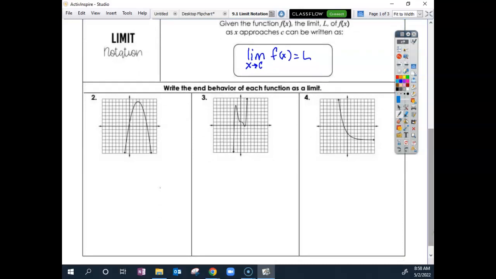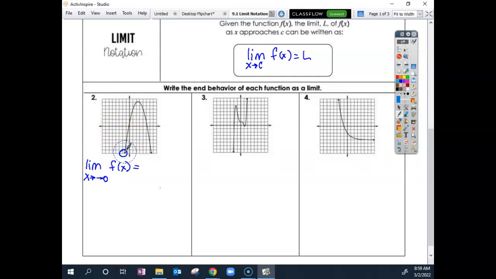So let's start with 2, 3, and 4. Let's write our end behavior as limits, and then we'll talk about limits. So the first one, the limit as x approaches negative infinity. As I go to negative infinity, what's happening to my y value?